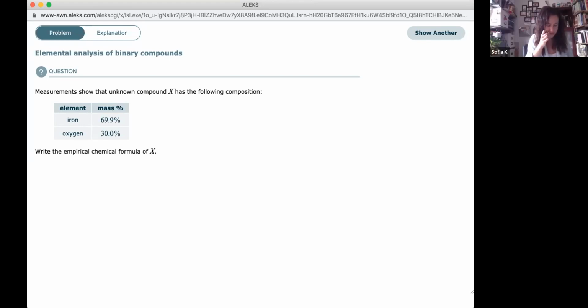So iron is 55.85 grams per mole. What was the problem again? How many? 69.9? So we're going to divide 69.9. Yeah, exactly. So iron, right? Now I'm going to put a separate column in here, Fe for iron, which is 69.9%. And then the second one is oxygen.